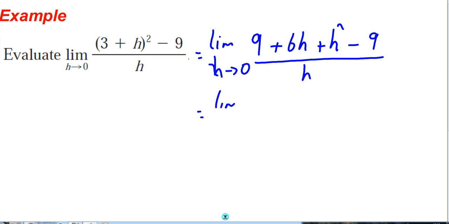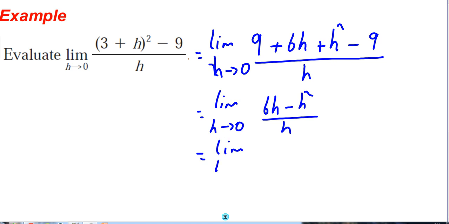And this is the same as the limit as h approaches 0 of 6h plus h squared over h. And the h now is the same as the limit as h approaches 0 of h times 6 plus h divided by h.